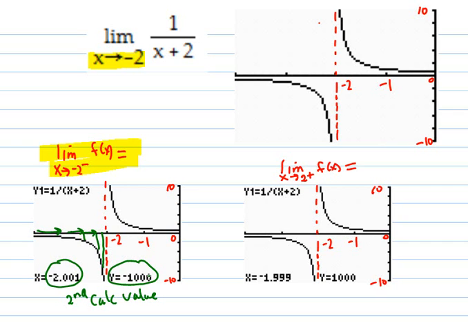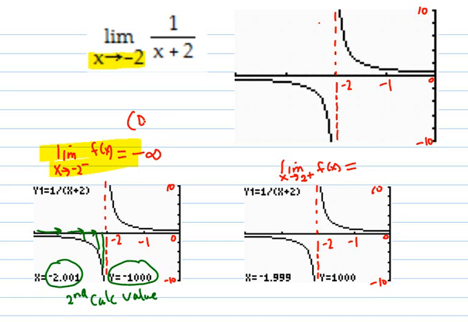So as you can see, as we're approaching this vertical asymptote from the left, the y values are dropping very large negative. So in that case, we say that the limit is equal to -infinity.